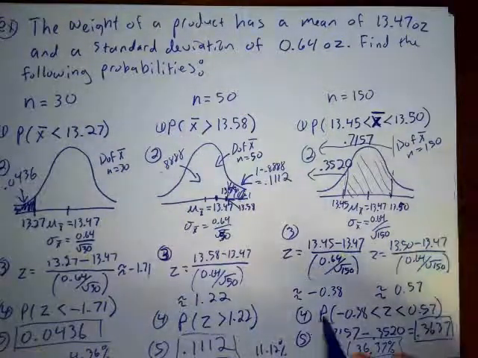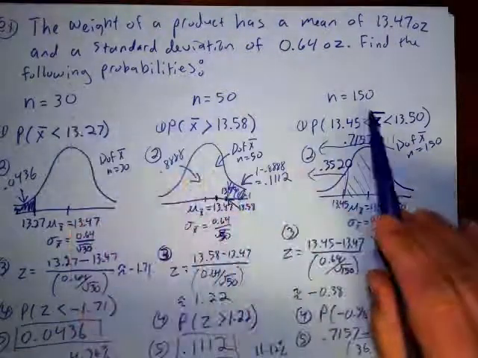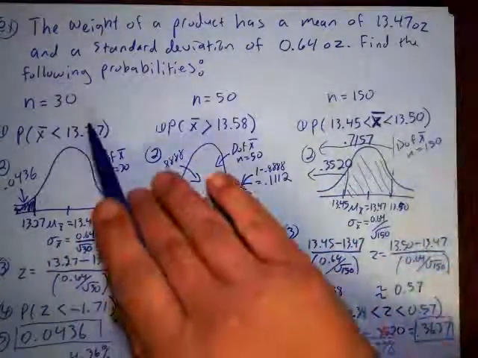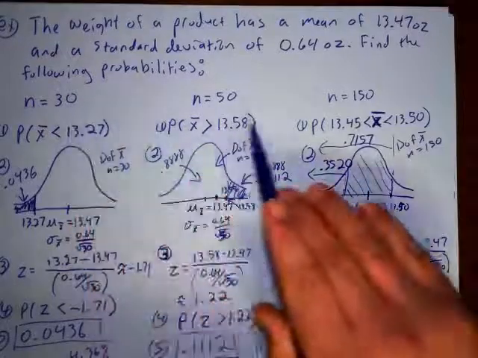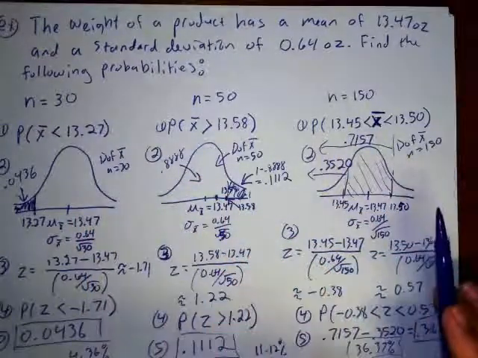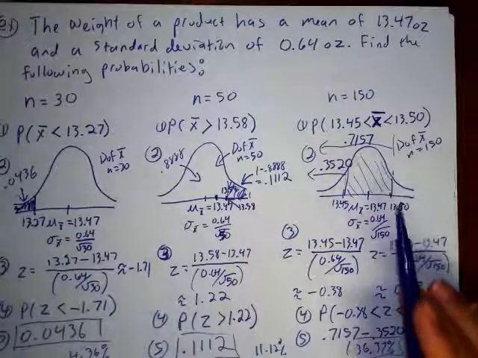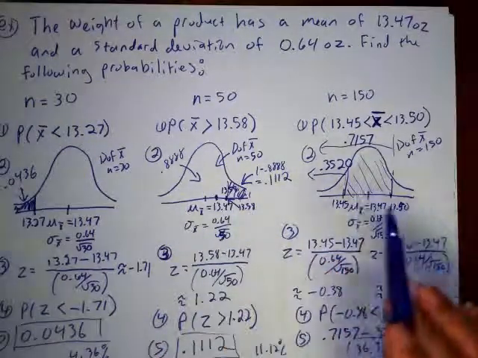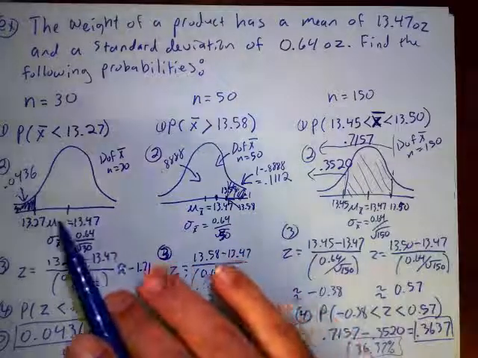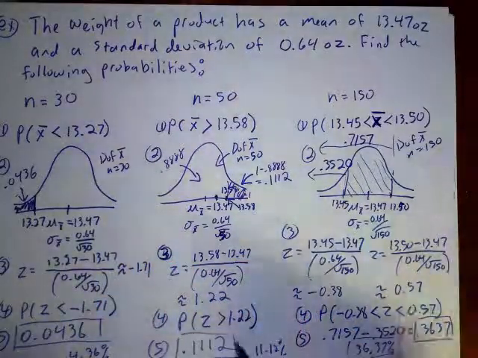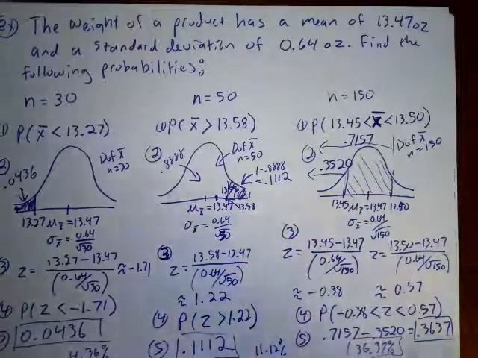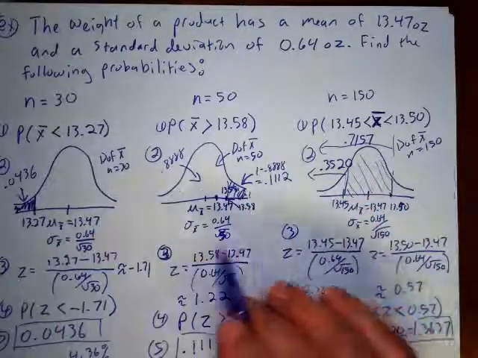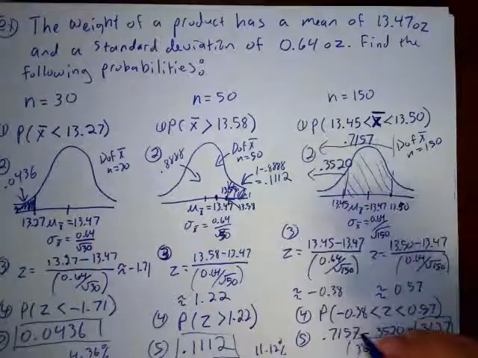But, as it turns out, as long as our sample is sufficiently large, and the rule of thumb we're going to see is 30 or more, you can still use the standard normal table, because the distribution of X bar, even if the original population is not normal, will actually be approximately normal, okay? As long as n is sufficiently large. And the rule of thumb is greater than or equal to 30.